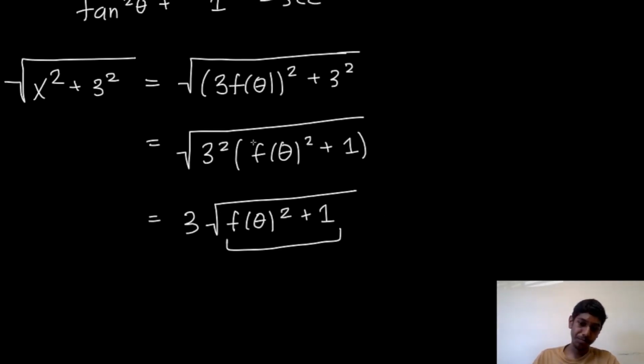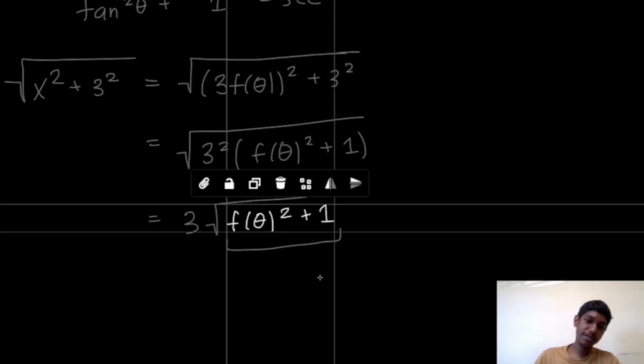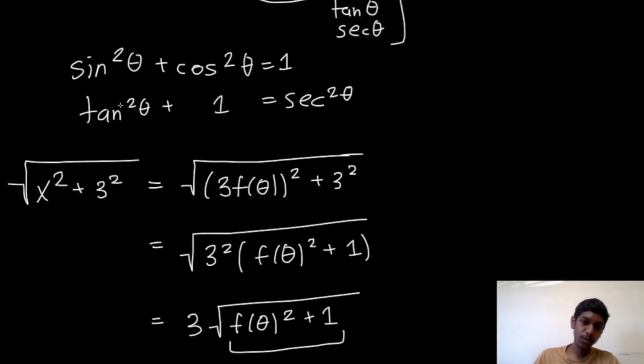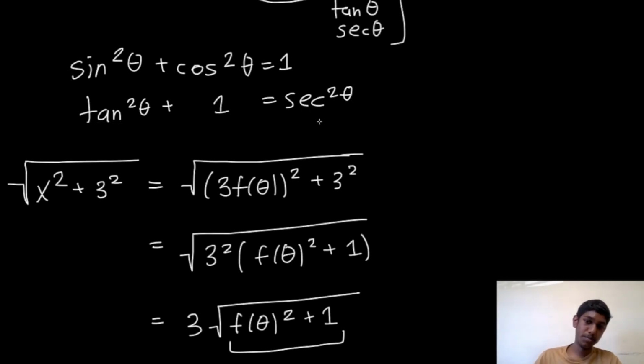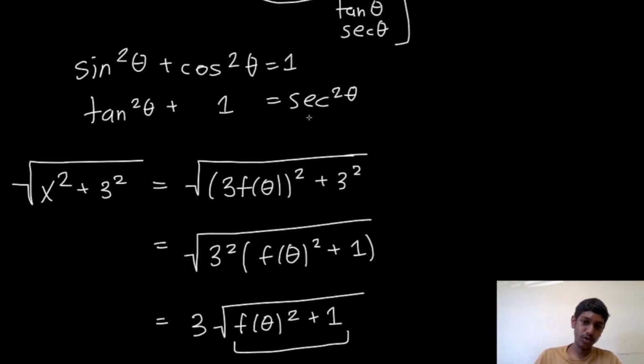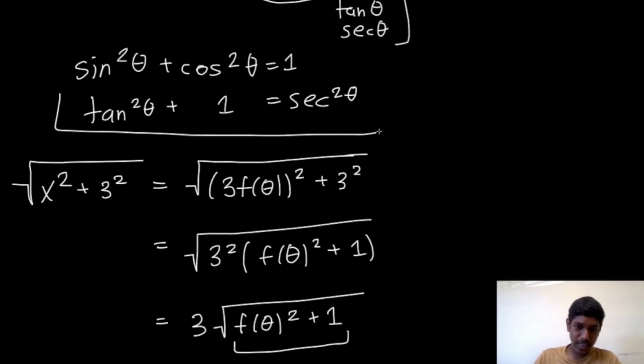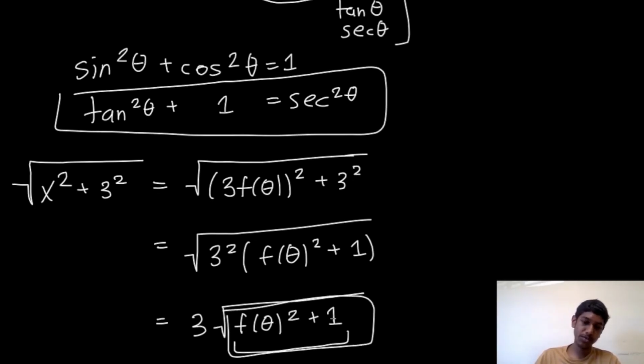So we compare this part, this f of theta squared plus 1, to our Pythagorean identities up here, and then we decide which f of theta would fit in the Pythagorean identity. In this case, I see a tangent squared plus 1. That's f of theta squared plus 1, where f of theta is going to be tangent theta.